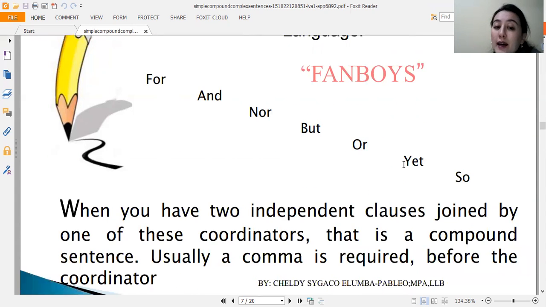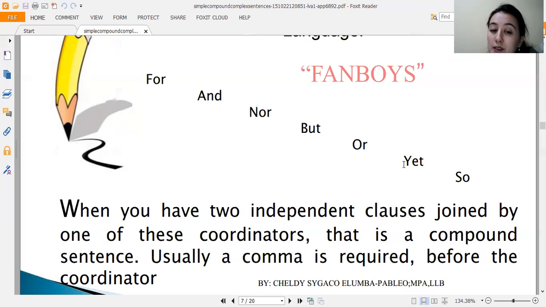So when you have two independent clauses joined by one of these coordinators, or FANBOYS, this is a compound sentence, and usually a comma is required before the coordinator.